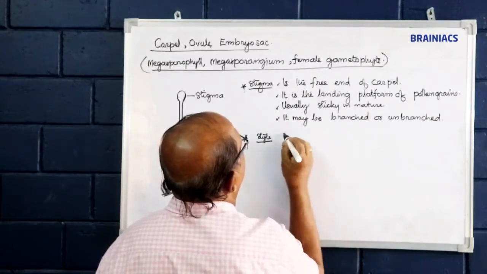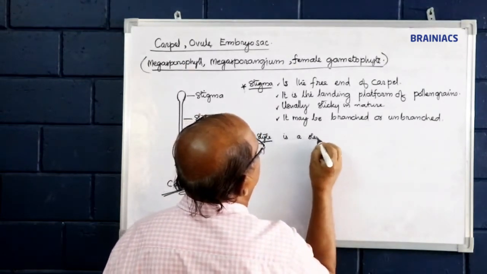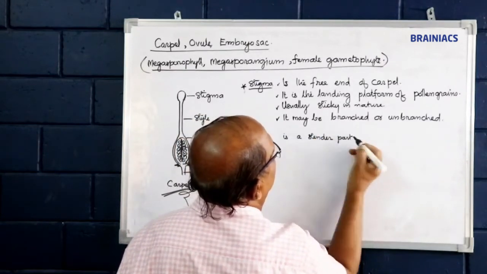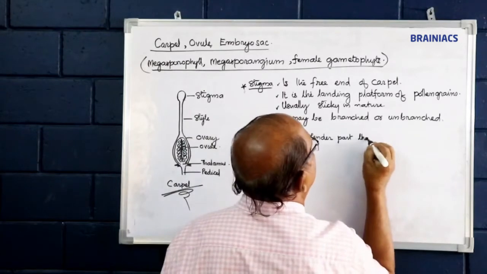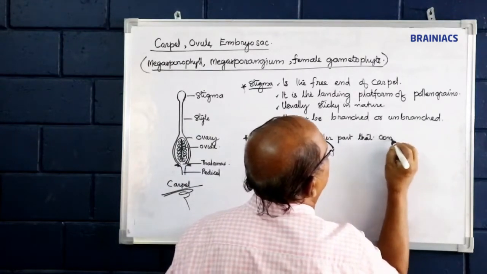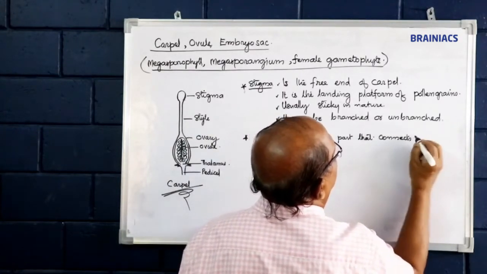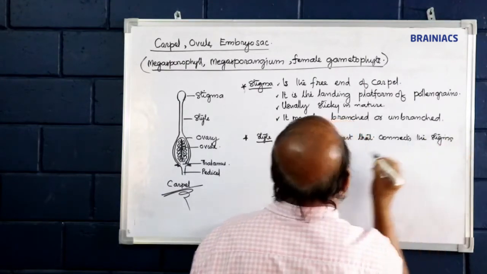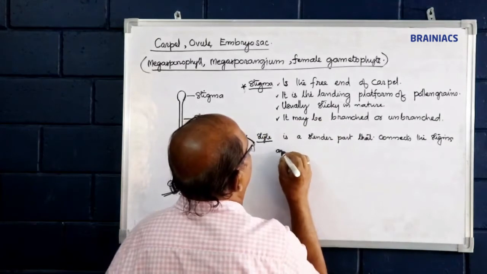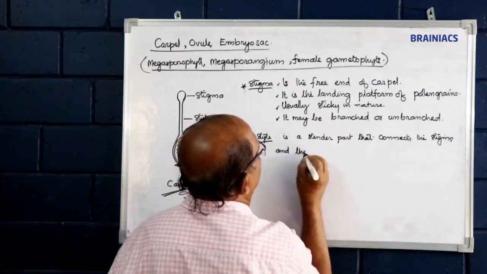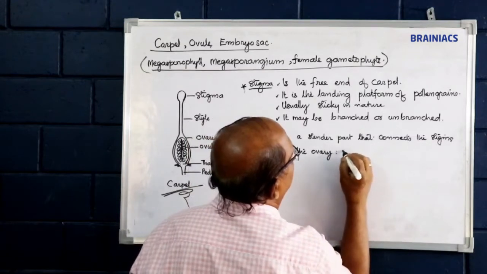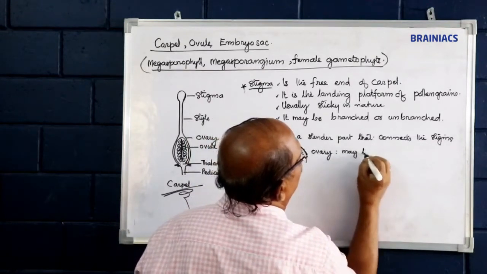Style is a slender part that connects the stigma and the ovary. Maybe tubular.